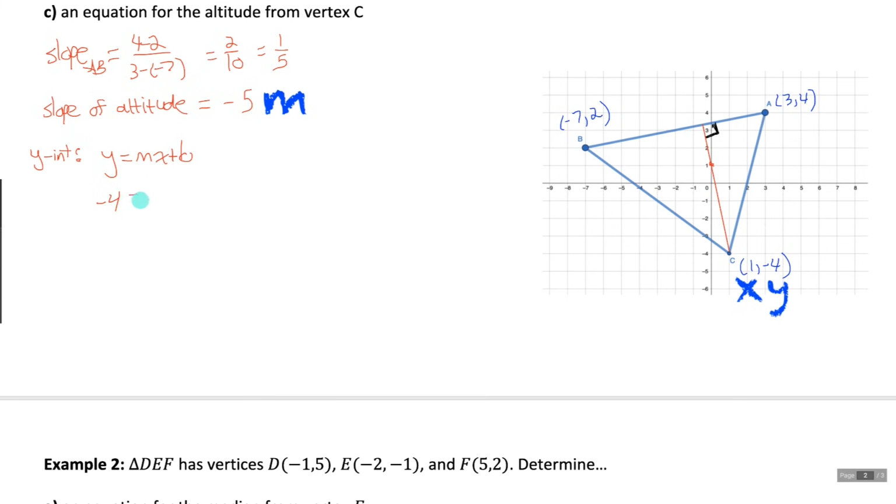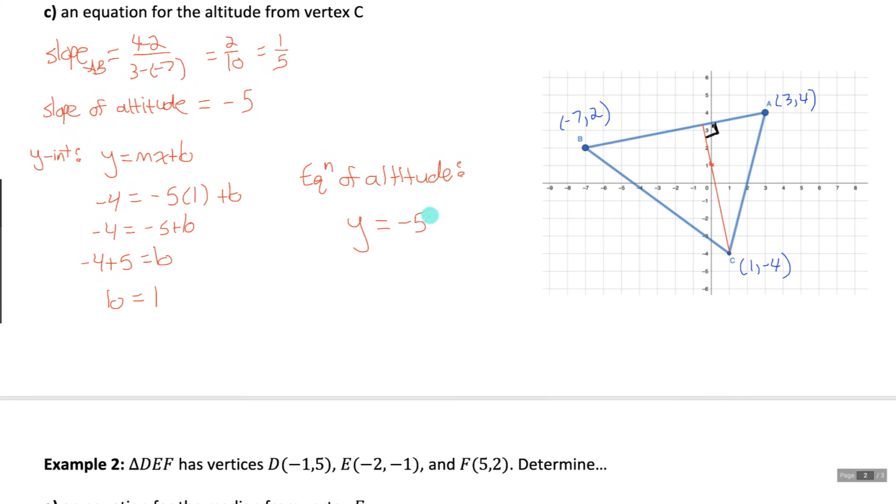So negative 4 equals negative 5 times 1 plus b. Negative 4 equals negative 5 plus b. Add the 5 to the other side. And I figure out that b is 1. So I can write the equation of the line that the altitude falls on. Y equals negative 5x plus 1.